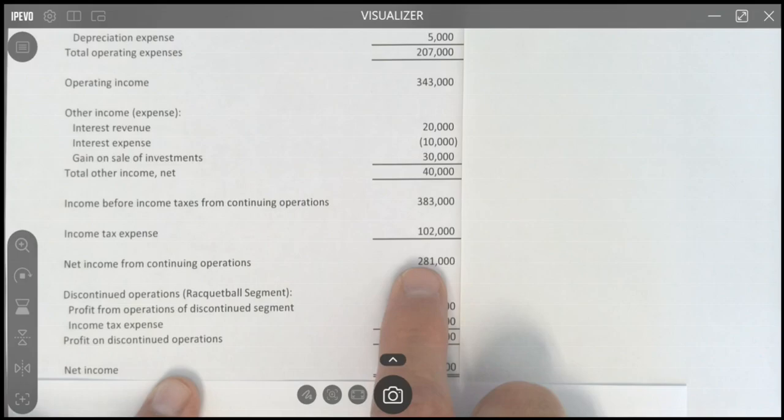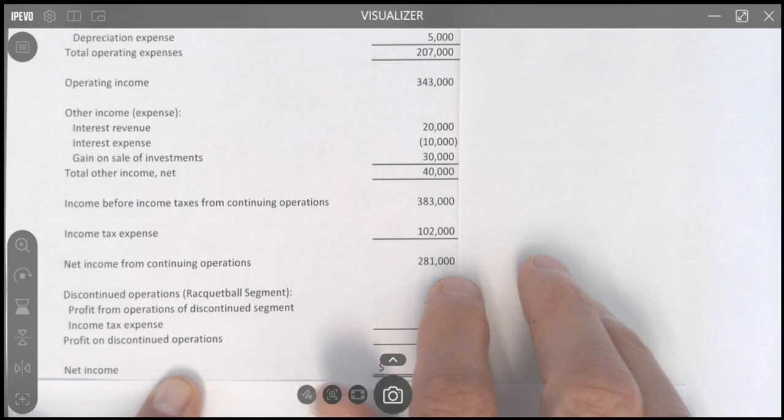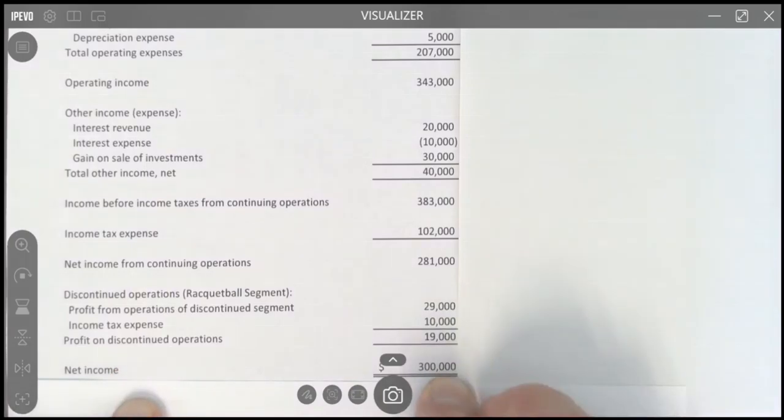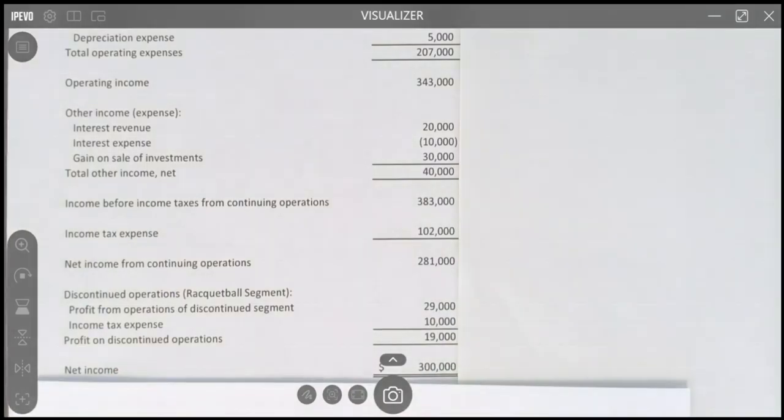But now it's shown as the profit from the tennis division, the continuing operations of $281, and the net profit on the discontinued operations, net of tax, of $19, and net income is $300,000. And that is a multiple step income statement with discontinued operations. That's our big learning here.